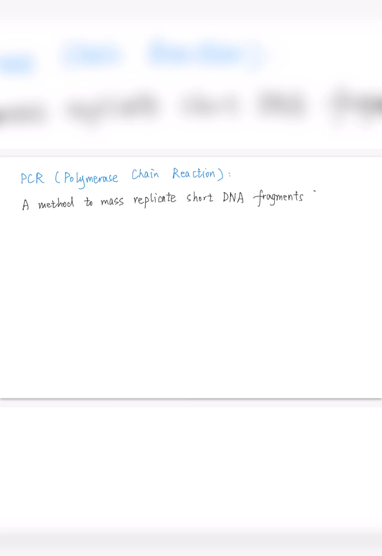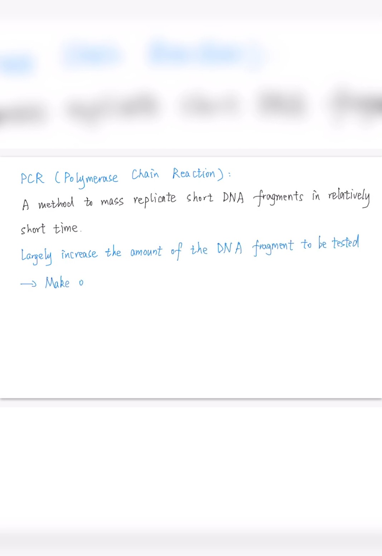Well, scientists have come up with a method called PCR, the abbreviation of polymerase chain reaction. It is a method to mass replicate short DNA fragments in relatively short time. And since it largely increases the amount of the DNA fragment to be tested, we can make easier observation of the DNAs.